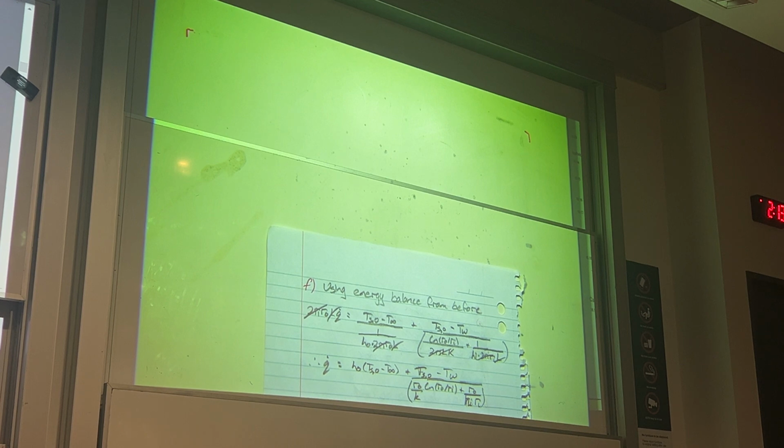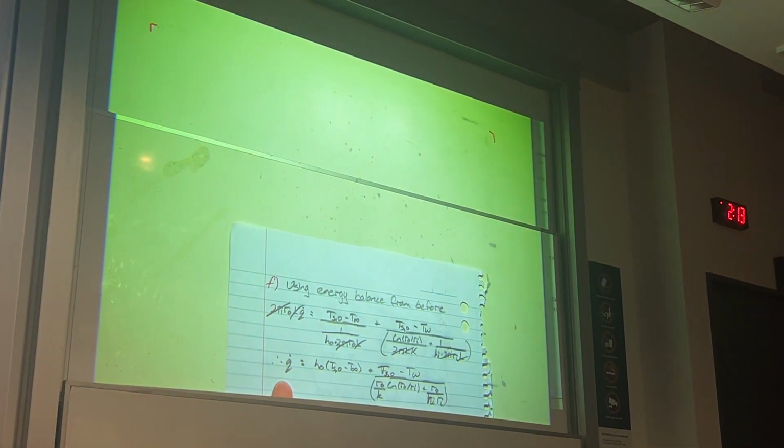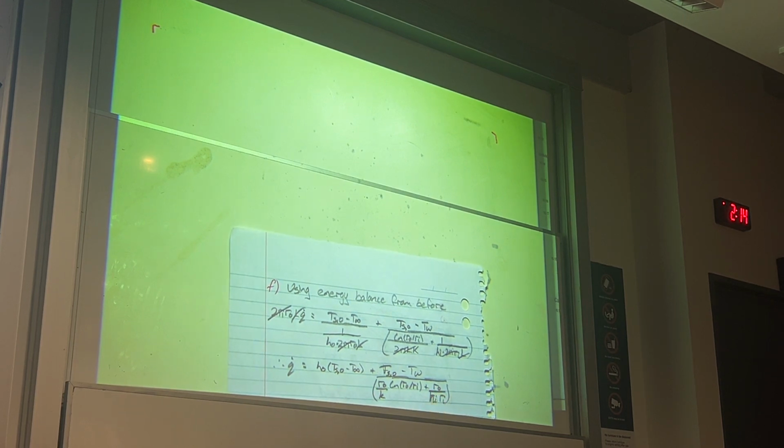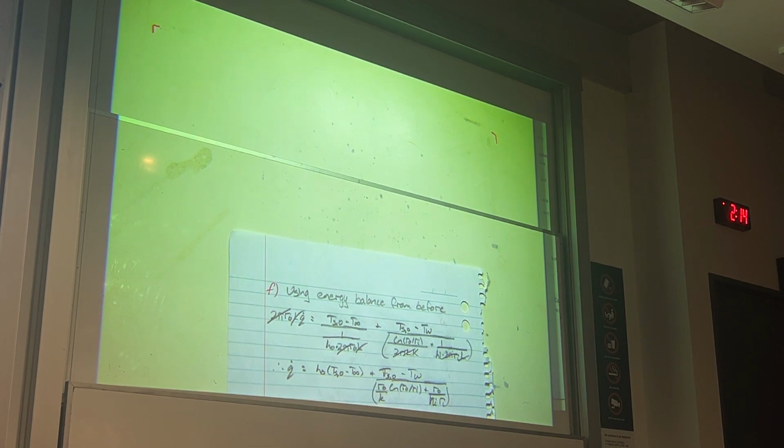So you'll be left with R naught Q dot. What we do though is we divide the left hand side by R naught as well. So this R naught disappears here, and that's why we end up with an R naught over here. And then we get an extra R naught out the front here.